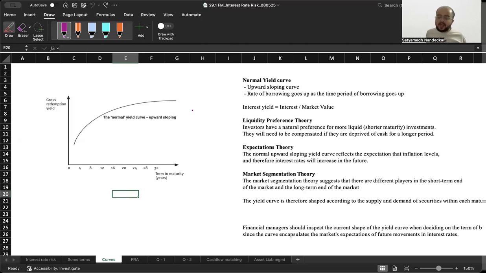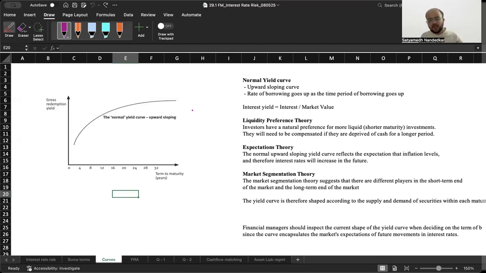And the third part is the market segmentation theory. The third reason, the market segmentation theory, suggests that there are different players in the short term end of the market and the long term end. People who invest in the short term end of the market, short term participants, are basically the money market participants, and they part with their money for a shorter duration of up to 1 year, and hence their expectation of interest is lower.